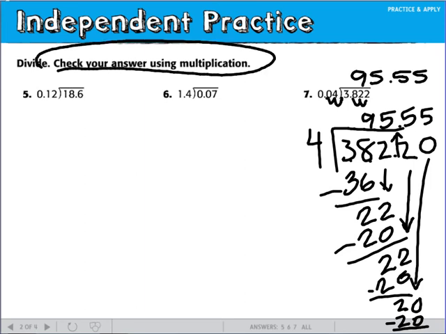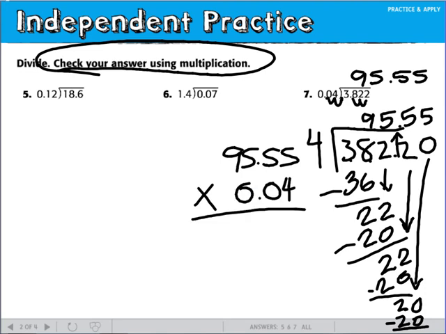This says check using multiplication, correct? So I need to take my 95 and 55 hundredths. And I need to multiply that by 400ths, not by 4, because the number of decimal places is going to be very important at the end here. Remember, I don't care about the decimals right now.